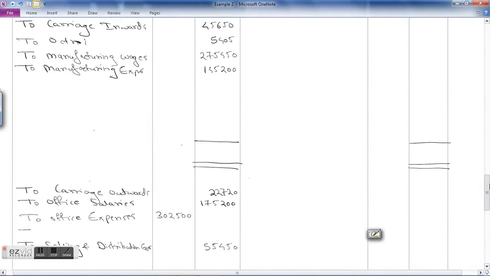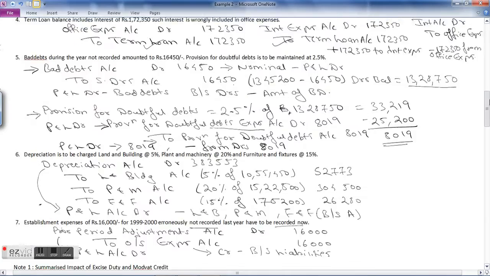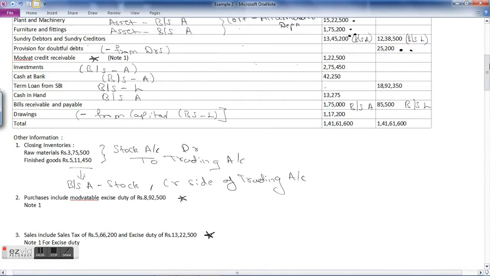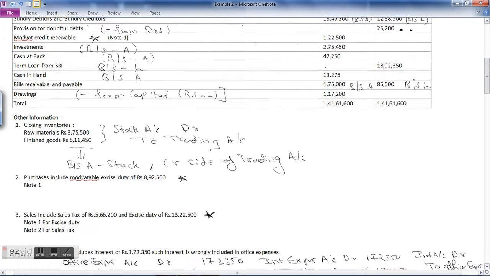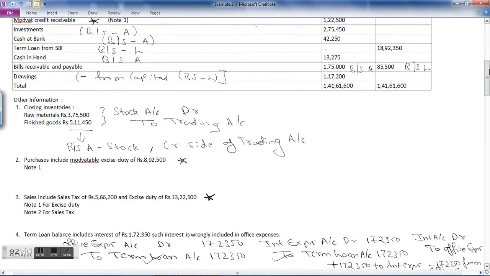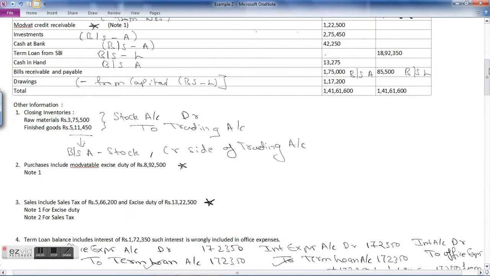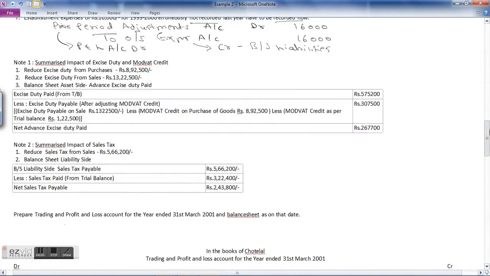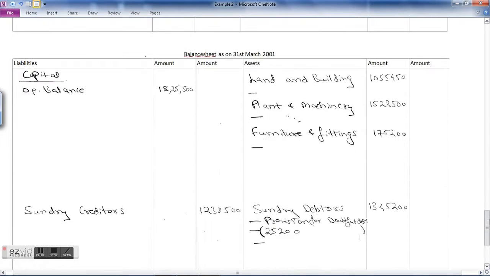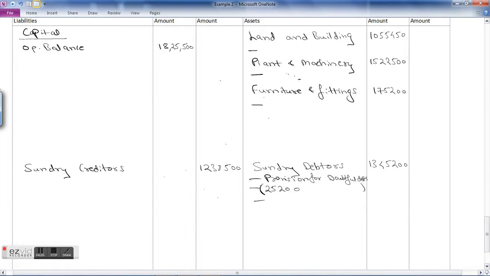The next one is moderate credit receivable. So that effect will give after seeing the note 1. Investment 2,75,450. Balance sheet asset side. Investments, two lakh 75,450.